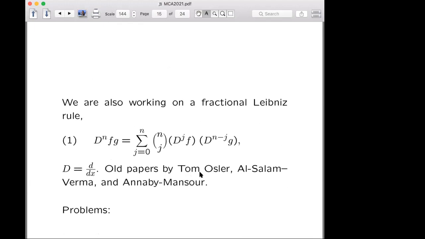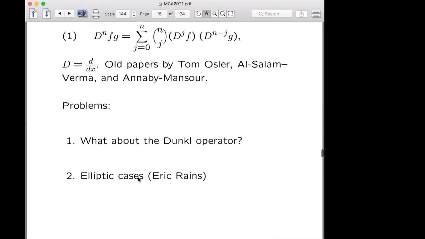Sorry, there are old papers by Osler, Aslam and Verma, and Nabi Mansour. There are quite a few papers on fractional powers of the derivative and of the original q-difference operator, not the Askey-Wilson. They have not only this, but also fractional powers here. And we don't know how to do this for the Askey-Wilson, although we know what the fractional powers look like, but we just don't know.